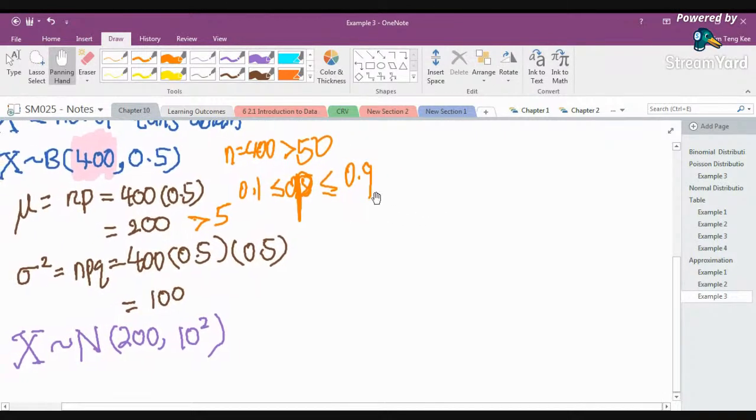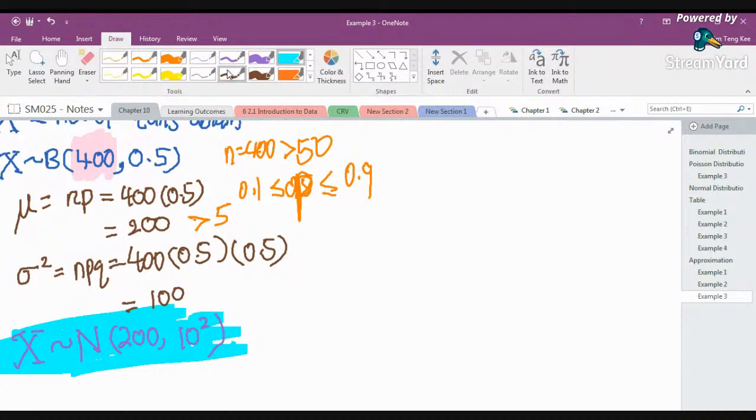Once you're done with this, be aware of this distribution, which is what we're going to use later for further calculations. Okay, then go on now.